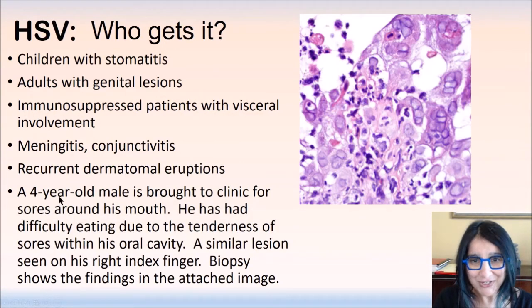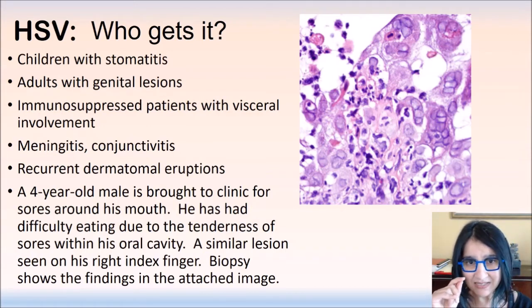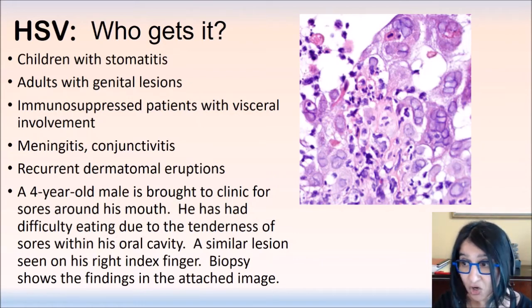So a classic question might be, a 4-year-old male is brought to clinic for sores around his mouth. He's had difficulty eating because of those sores in his oral cavity. There is a similar lesion seen on his right index finger. So what can happen is a child or an adult for that matter is touching those areas that are affected, especially if there's already a small break in the skin on that finger, there can be a secondary involvement of the finger that can be called herpetic whitlow.